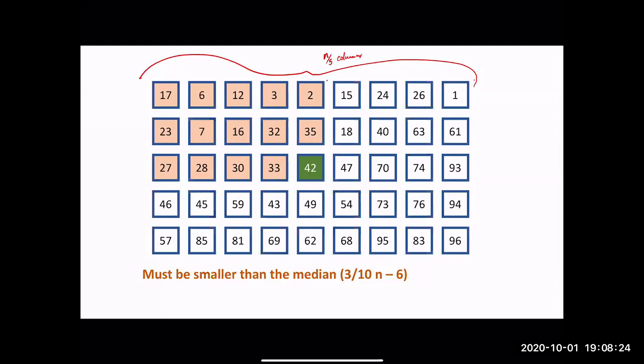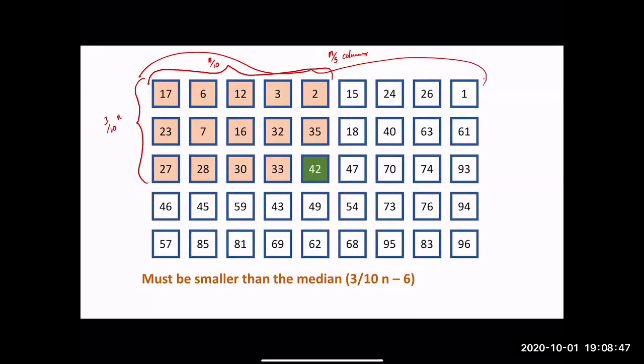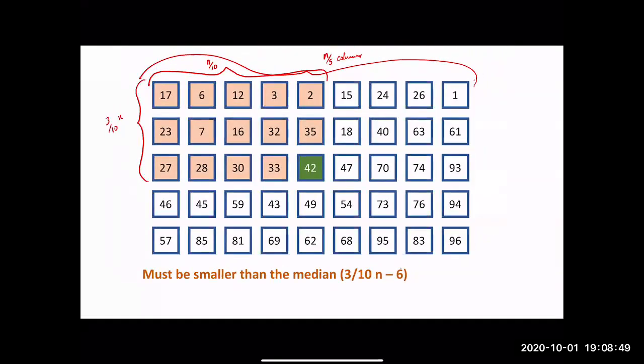And the values that this median of medians is larger than occur in n over 10 columns because it's n over 5 divided by 2. And then we multiply that by 3 because it's larger than these 3. So it would be 3/10 n.